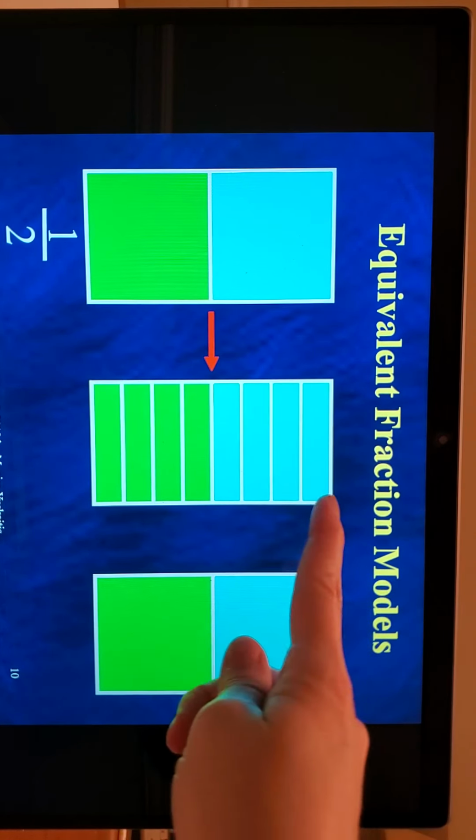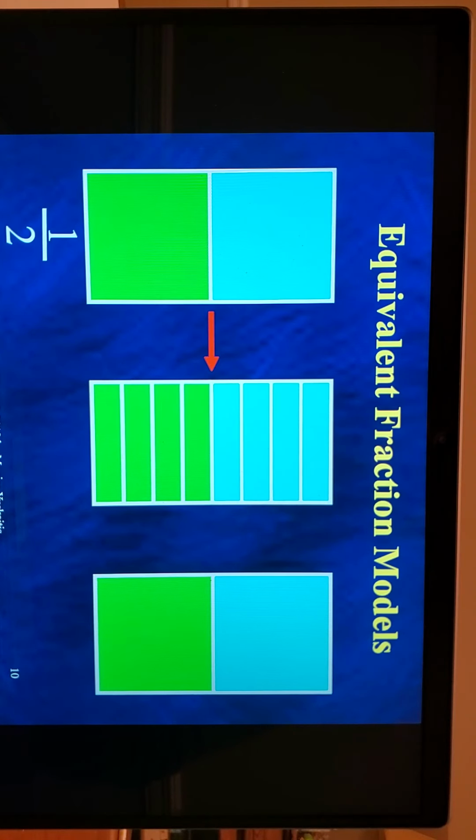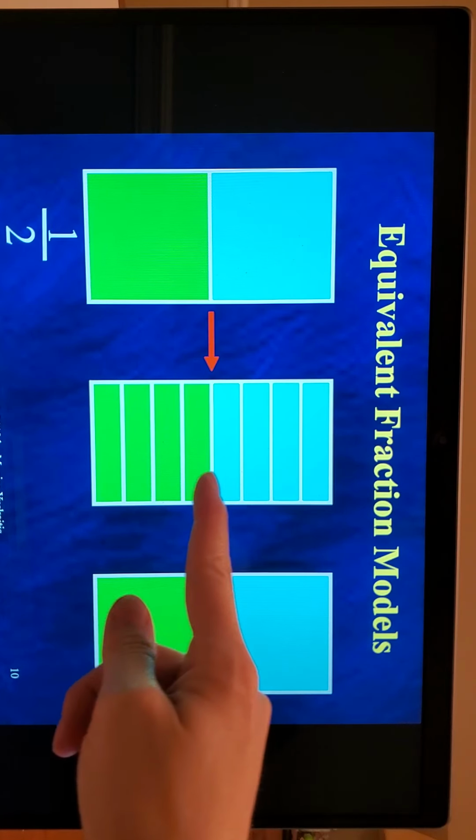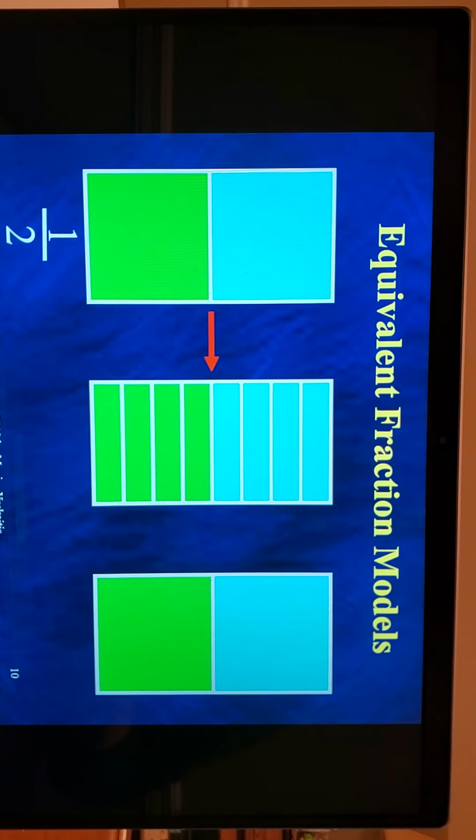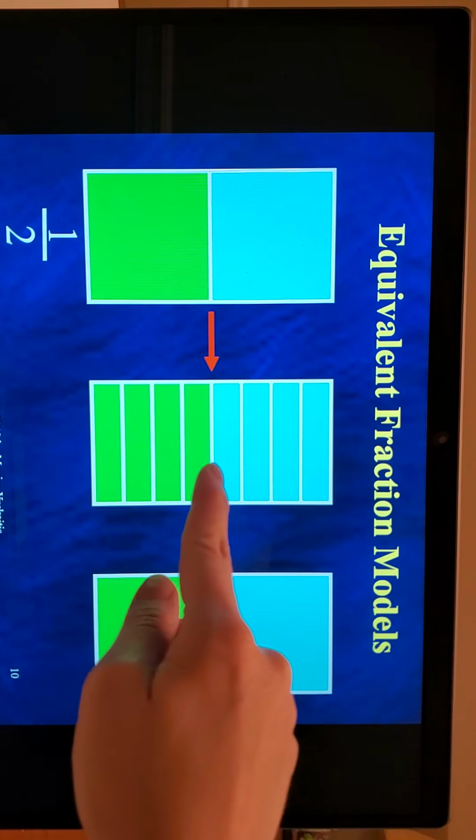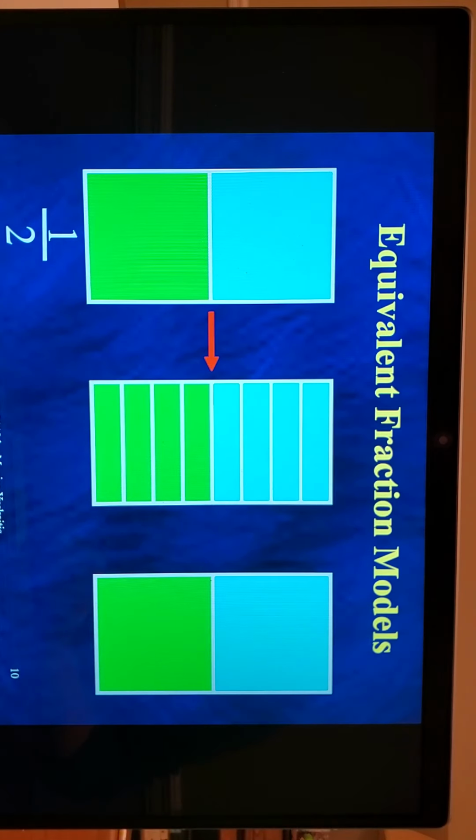Now, I could take this same rectangle and I could split it up again. And this time I could break it into 8 equal-sized pieces. And 4 of those pieces are green. So that would be 4/8.